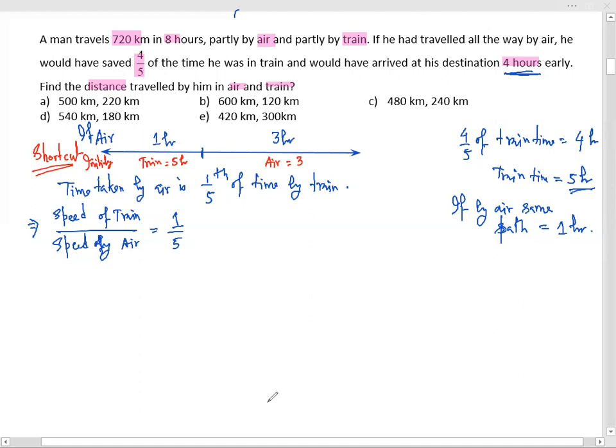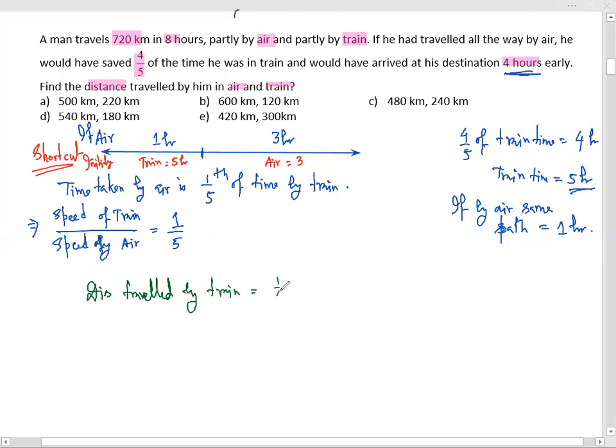So I can find that the distance traveled by train should be 1 by 4, because 1:3 is the ratio of the distances.